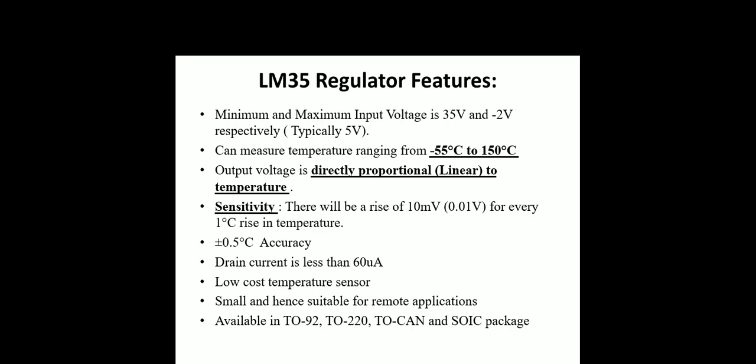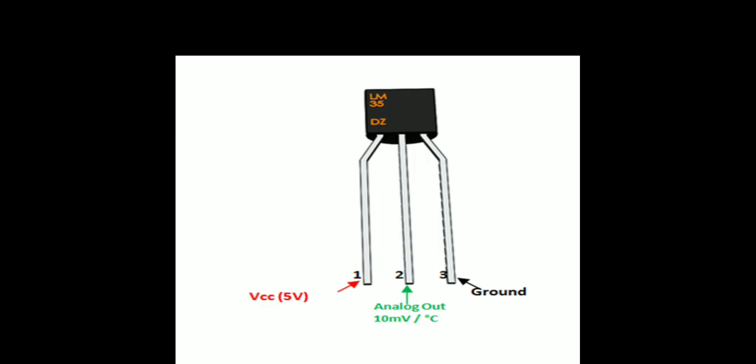Some packages are given and you can see the temperature sensor looks like this. Here the temperature sensor is a 3 pin IC. You might have seen transistors. It is a transistor-like IC, but its name displays LM35, so it is a temperature sensor IC.